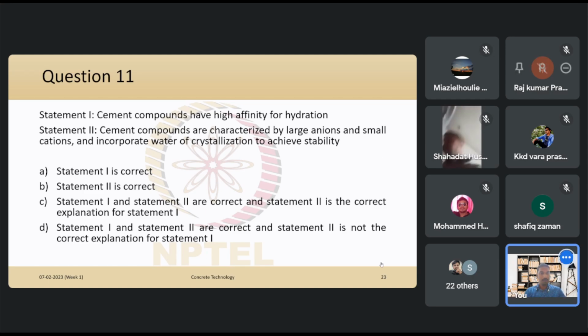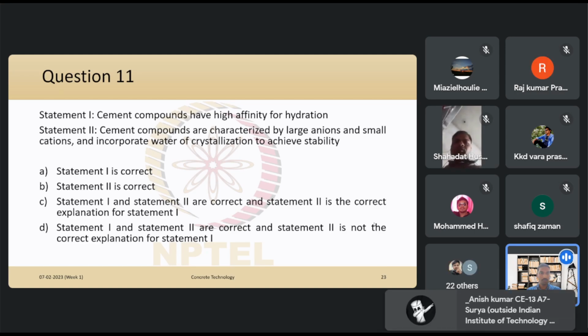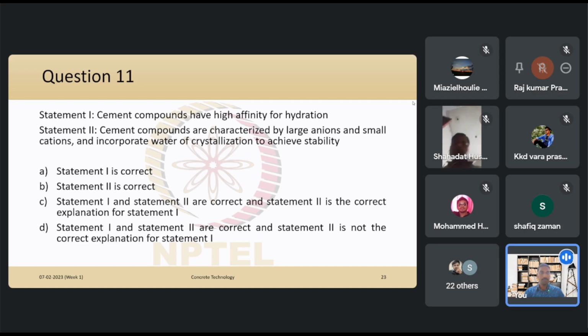If you need further information and require any reference books, you can refer to the course page. On the homepage of the course in the Swayam portal, you will be able to find the reference books that are given for this course.